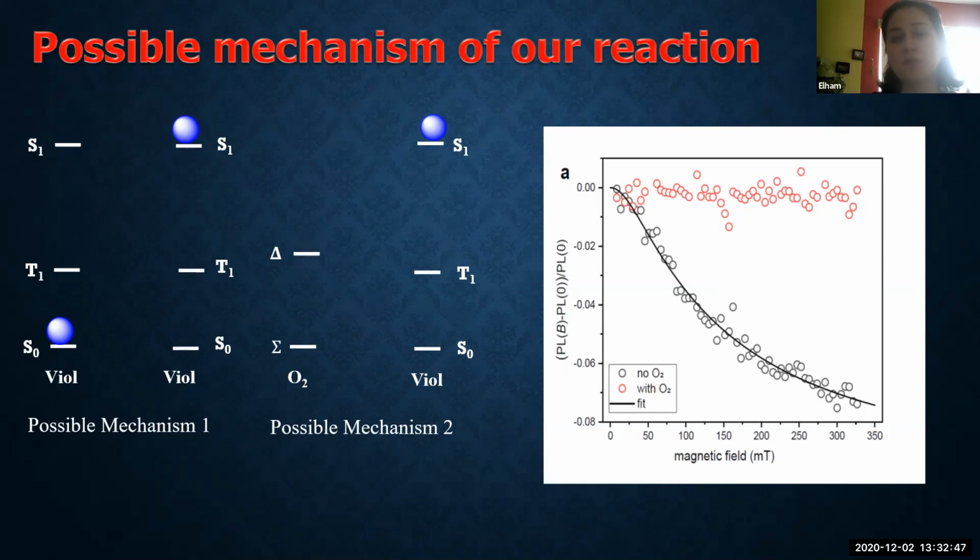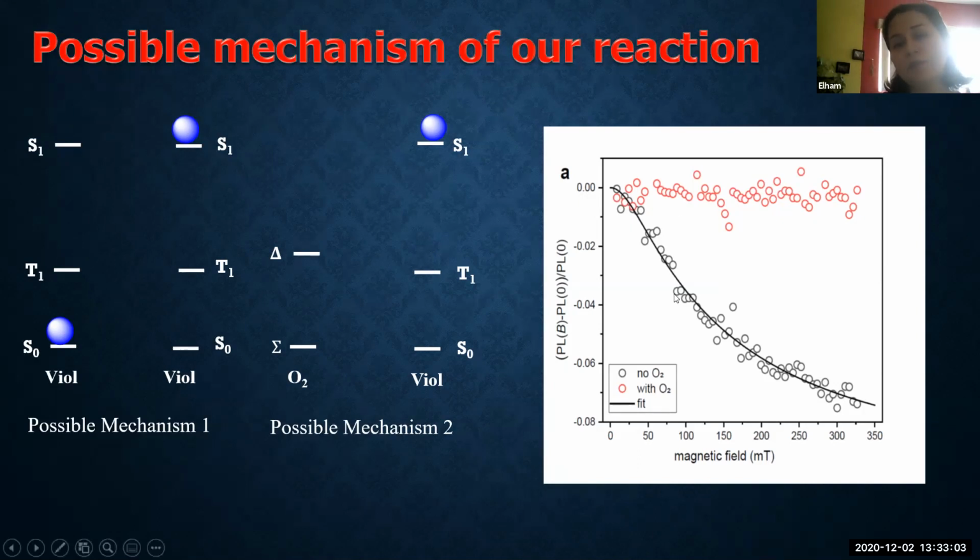Through the literature, we knew that if we have TTA, by doing the photoluminescence in the magnetic field effect, we should see a decrease in the PL intensity by increasing the field.